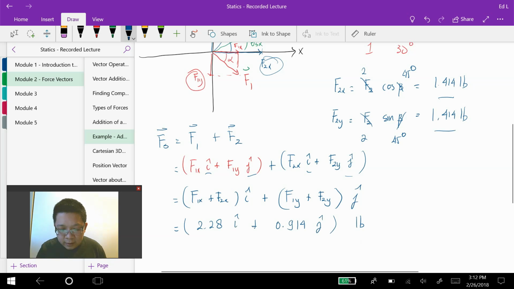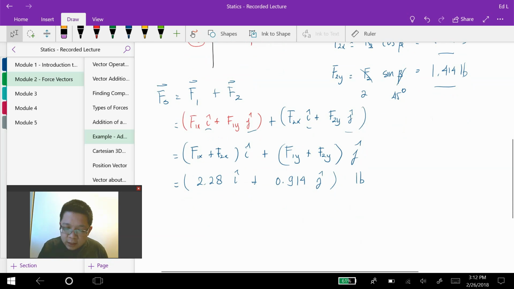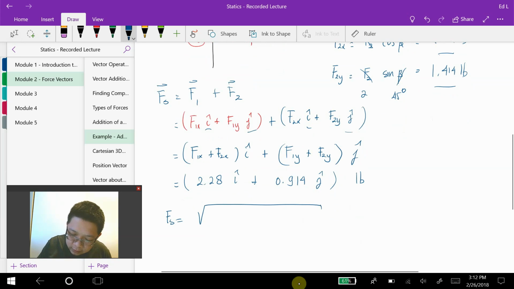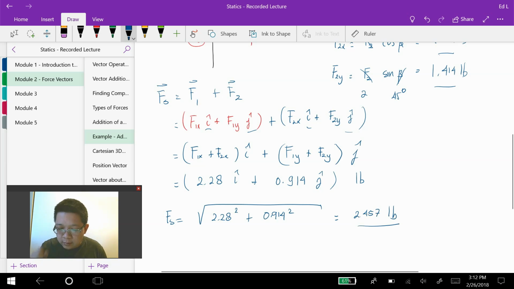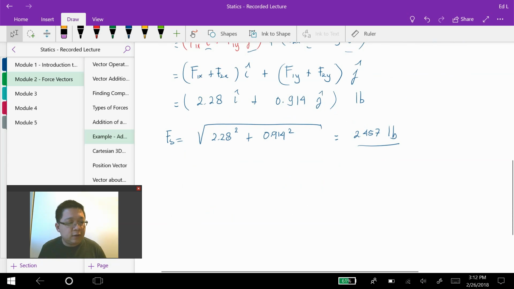Okay, so that's Fs, and we can calculate the magnitude of Fs by taking the square root of the sum of the squares of its components, 2.28 squared plus 0.914 squared. Here we will obtain 2.457 pound. And it's the same as what we have calculated before, right?